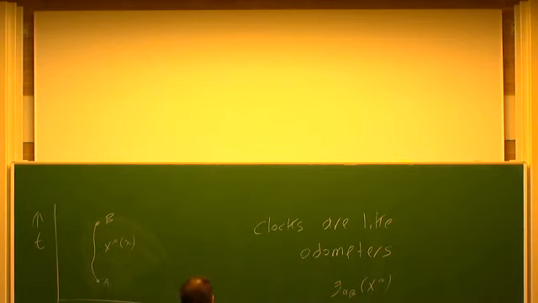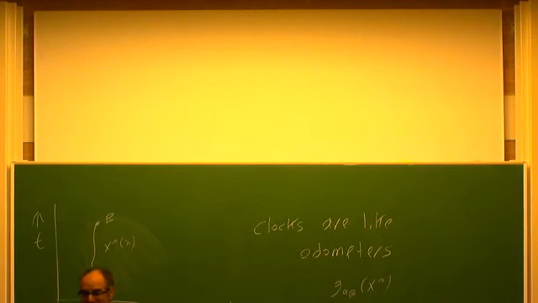And now if we do the following integral, then this gives us the amount of proper time that will elapse on the watch of the person whose trajectory is this.